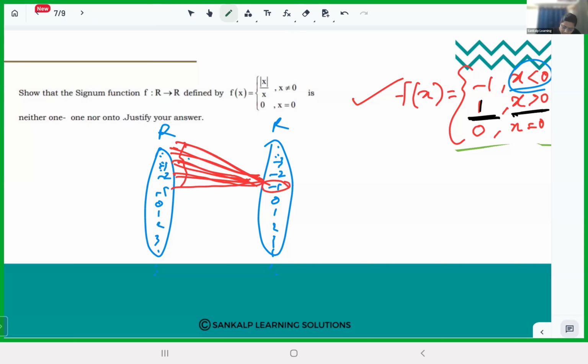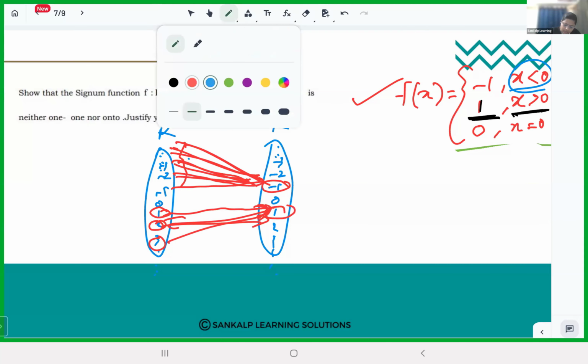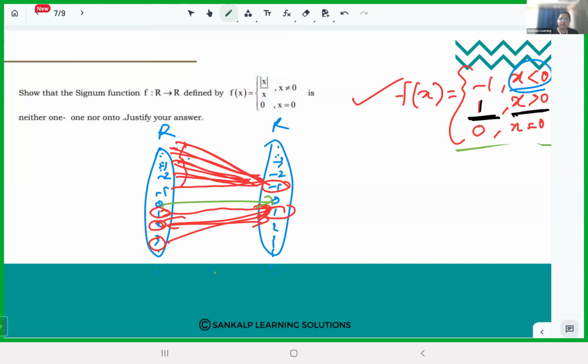Similarly, all the positive numbers, and the numbers in between, all map to 1. All the positive numbers are getting mapped to 1, and 0 is mapping to 0.